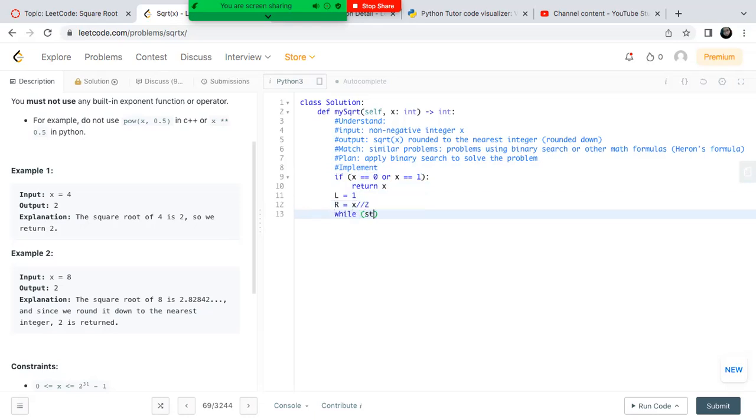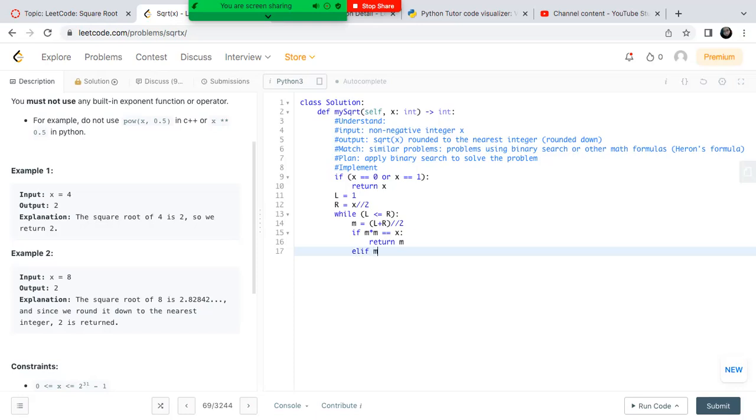While left is less than or equal to right, we want to compute the midpoint. If the midpoint times the midpoint is equal to x, so m is the square root, then we return m.